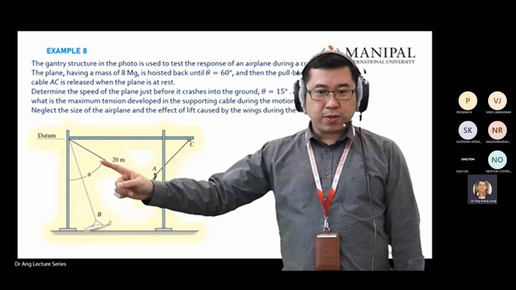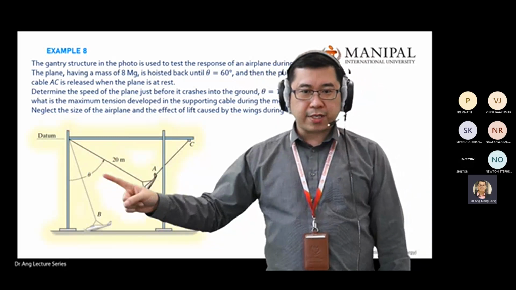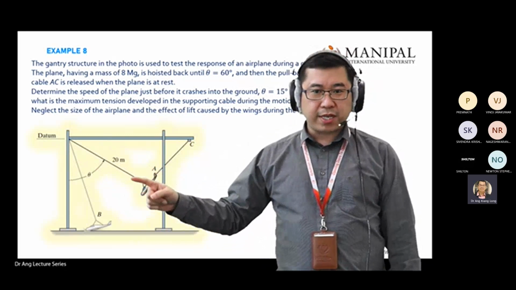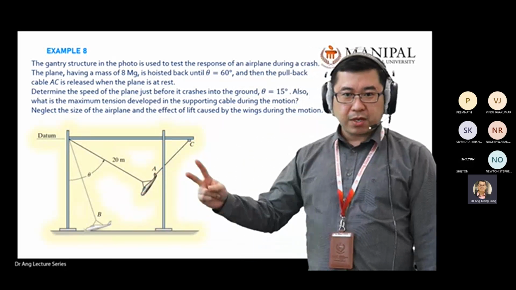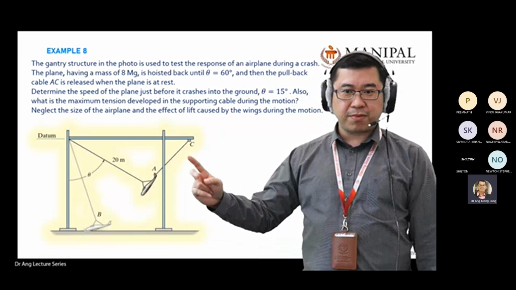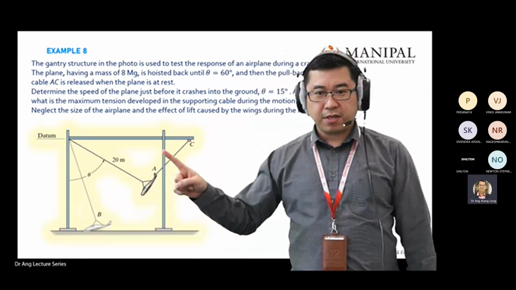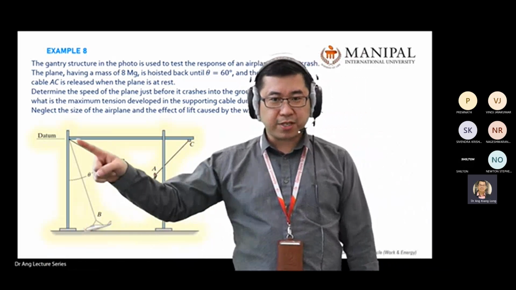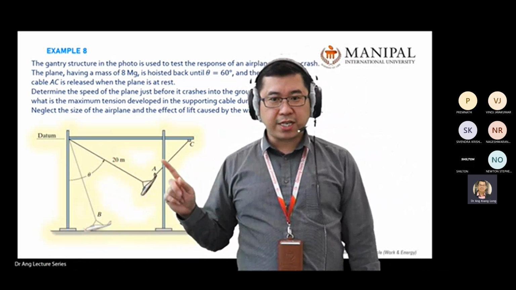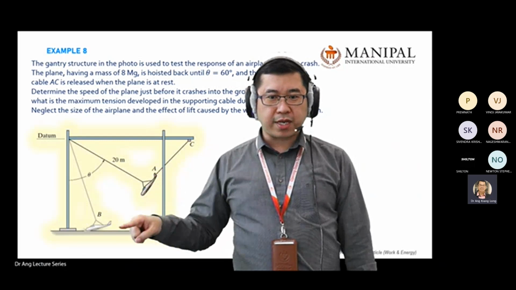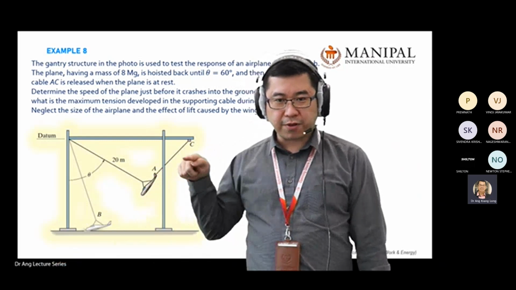Okay, so this object was pulled at a certain angle theta, and the rope is 20 meters. What happens if you cut this rope? This object will swing in a circular motion, because this one is fixed. So when you cut this one, this object here will swing in the rotation of a circle.